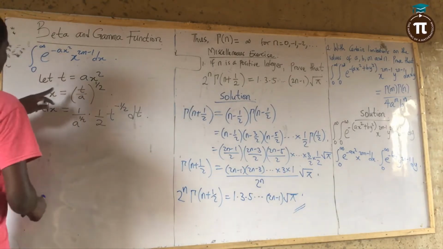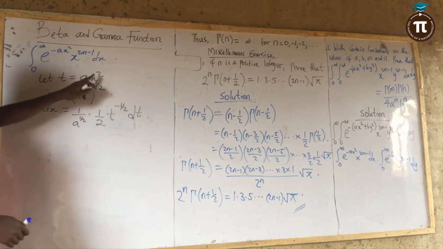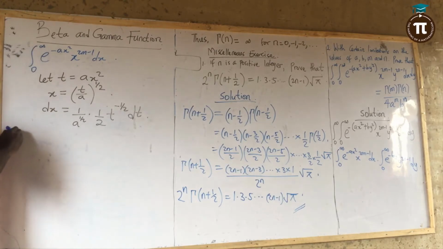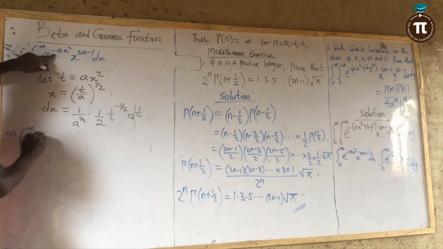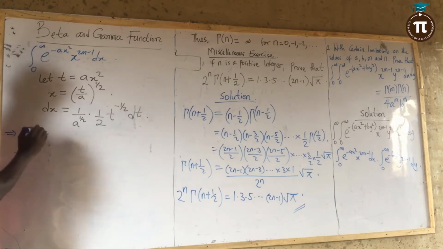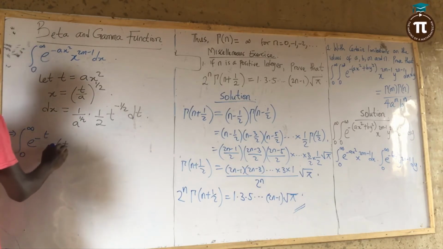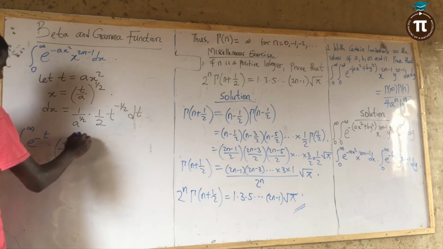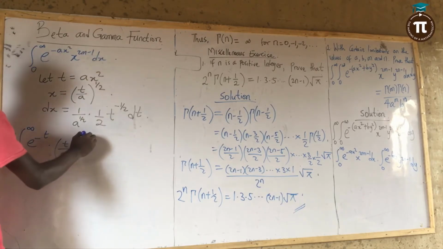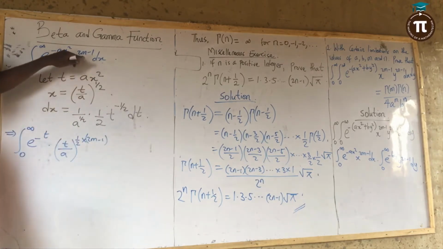Now, when x is 0, t is 0, when x is infinity, t is infinity. So I will have integral from 0 to infinity of e raised to power minus t multiplied by x, and x is t over a raised to power of 1 over 2. Then it is raised to 2m minus 1 because this one is also at the power.